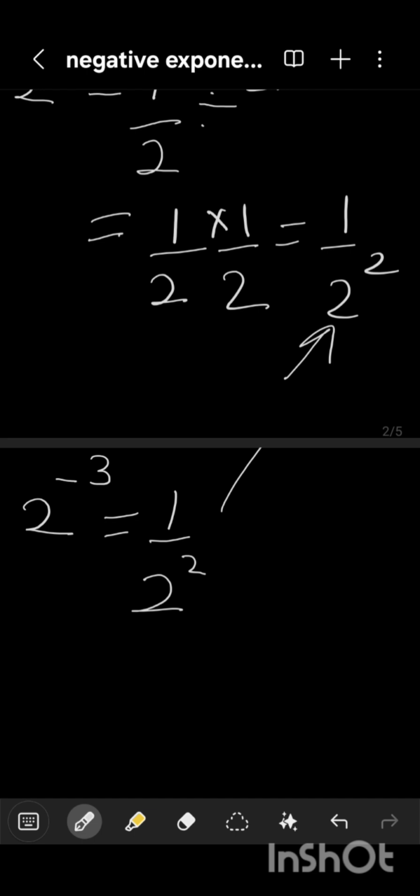Again, this term would be divided by 2. Okay, let's do. Divided by 2. How can we write it? 1 upon 2 square multiply by 2 means 1 upon 2 cube. Okay, I think now you all are comfortable.